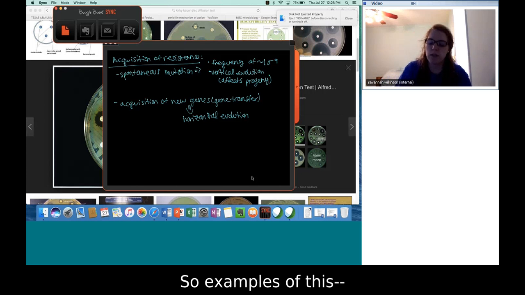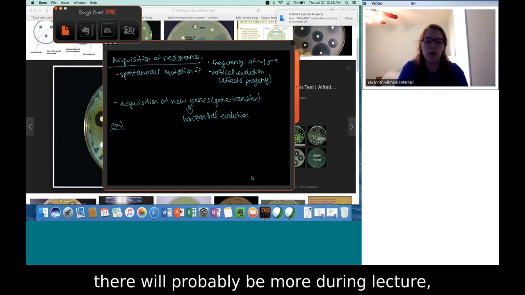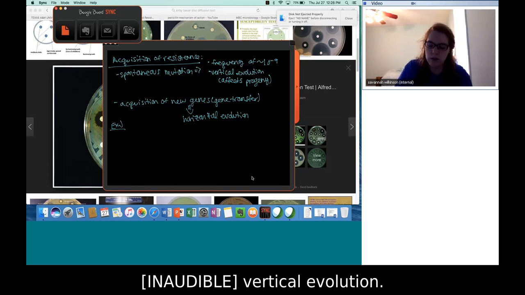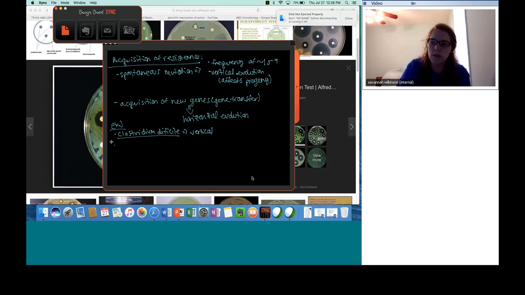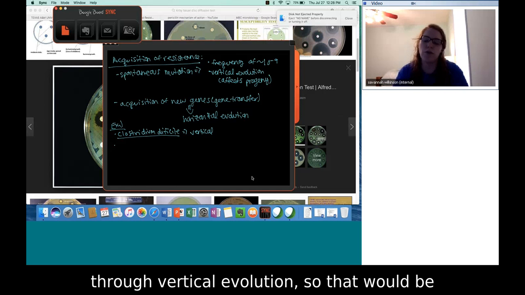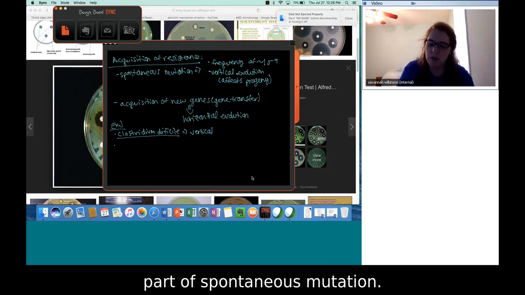So examples of this, there'll probably be more during lecture, but I'll put a few here. Clostridium difficile: basically Clostridium difficile acquired its resistance through vertical evolution. So that would be part of spontaneous mutation.